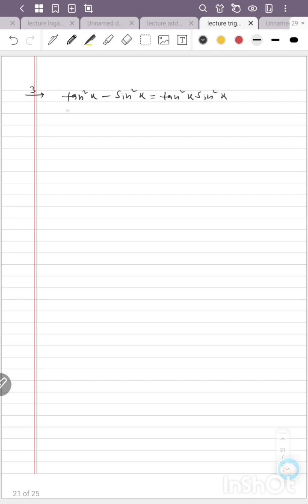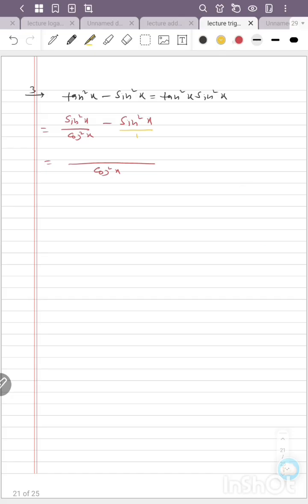We know that tan square is sine square x over cos square x, minus sine square, the same pattern. We have to take its LCM. This is nothing, this is 1.